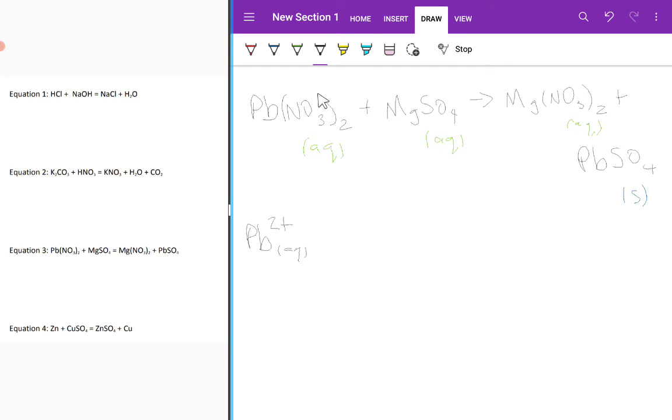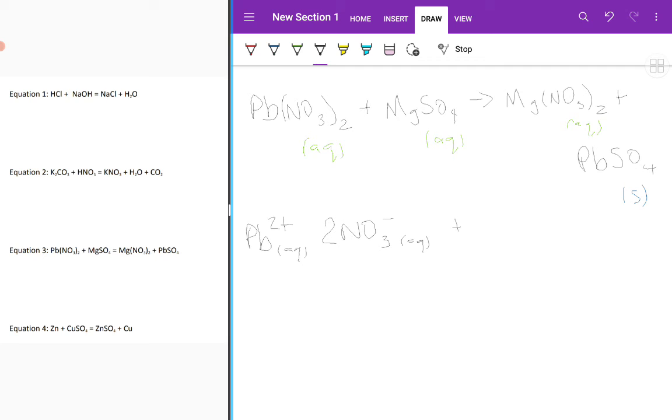And we have our nitrate ions. Now, how many nitrate ions will you have? You will have two of them. So you're going to have two NO3 minus ions. Okay? Do not change the state. Do not change the formula for the nitrate ions, please. There are two NO3 minus ions.